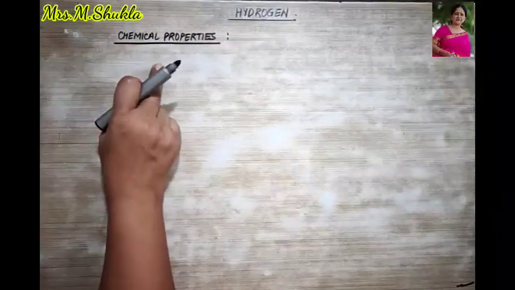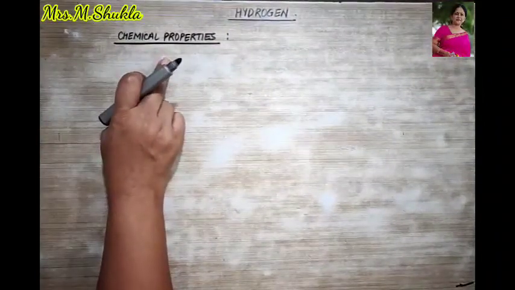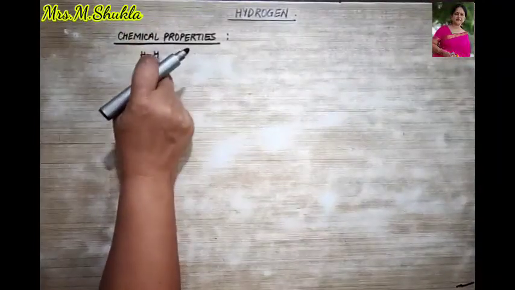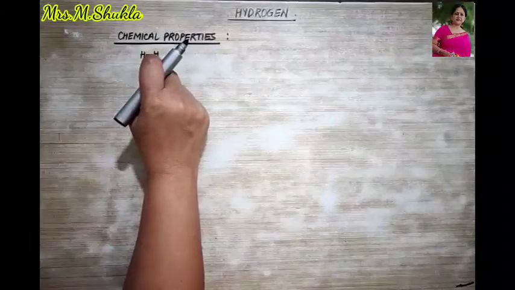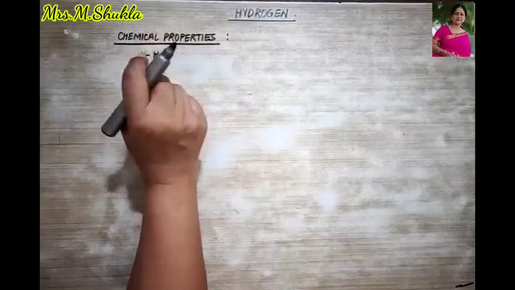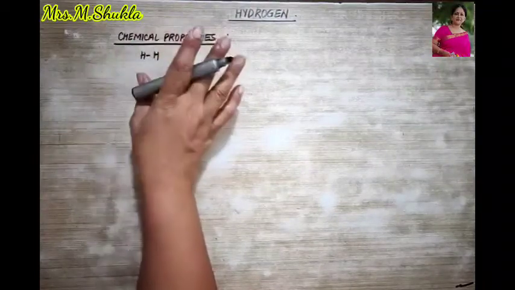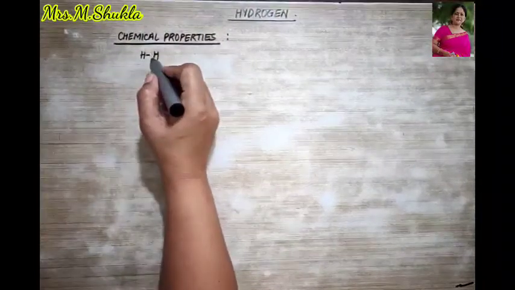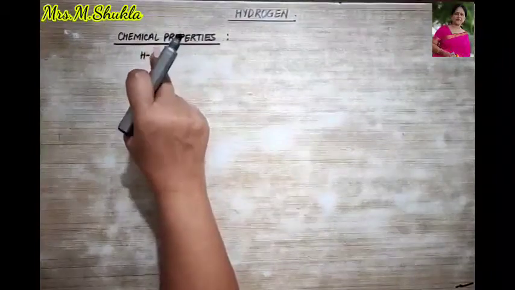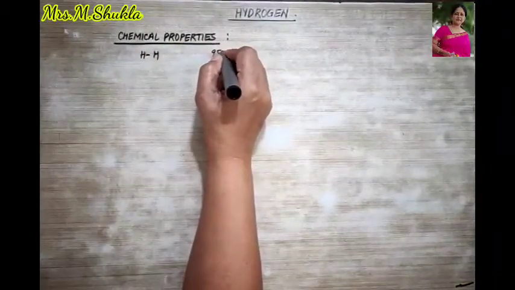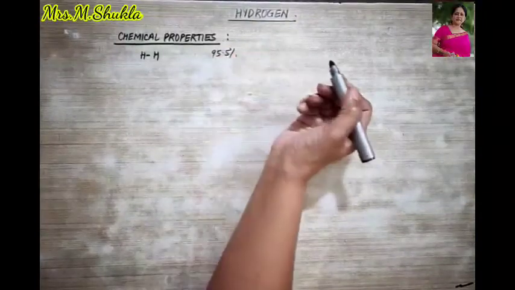For the chemical properties of hydrogen, one should remember that the hydrogen-hydrogen bond dissociation enthalpy is the highest for a single bond between two atoms of any element, right? At about 5000 Kelvin, it dissociates to give about 95.5%.